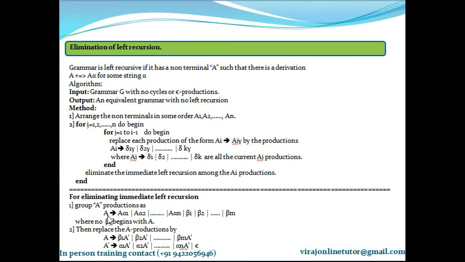I repeat, we say a production is left recursive if the leftmost symbol on the right hand side of the production is exactly the same as the symbol on the left hand side of production.